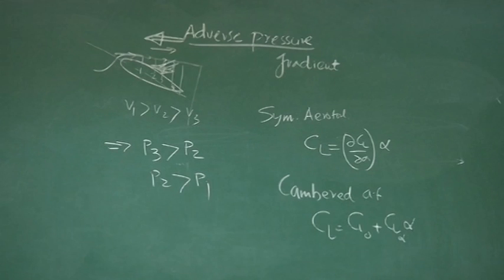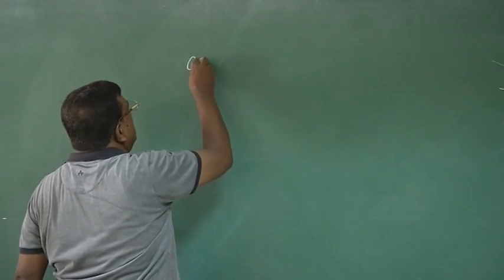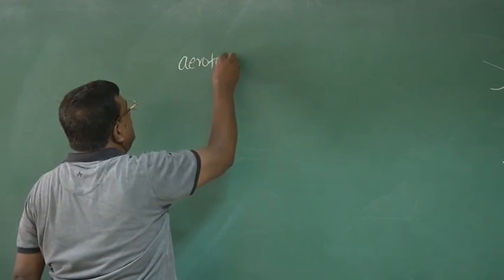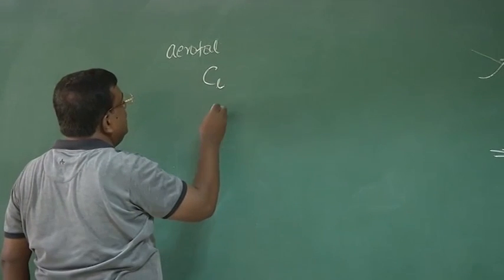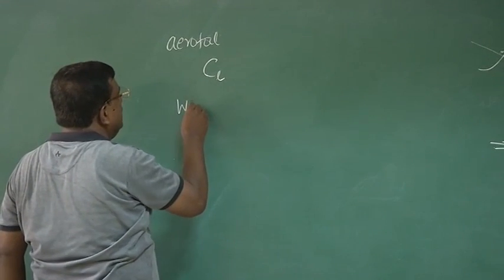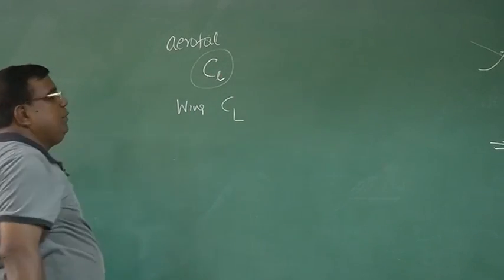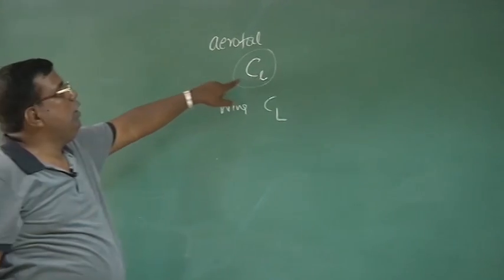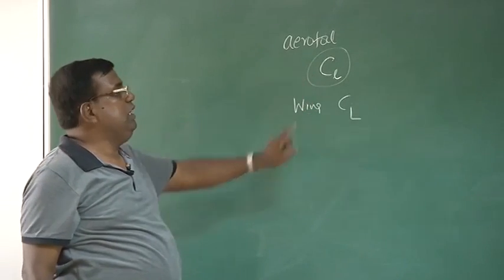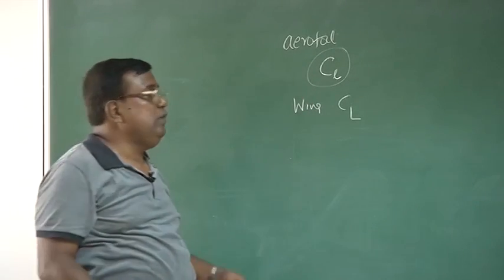In textbooks, when we try to distinguish between CL because of aerofoil and CL because of wing, we use strict nomenclature. For aerofoil, we use C small l, and for wing, we use C capital L. Of course, in aerospace there is a confusion. Even for rolling moment we write CL. So let's be very clear, we are talking about lift coefficient.